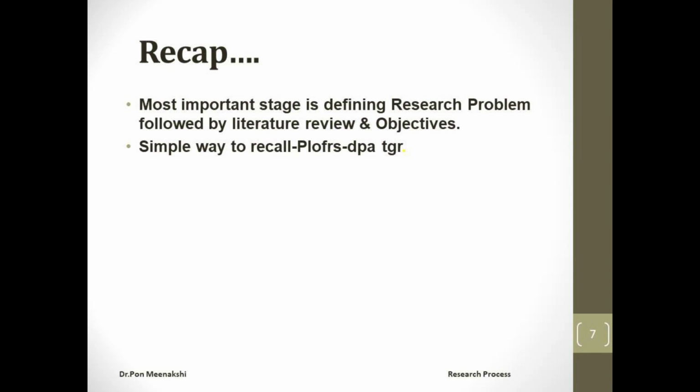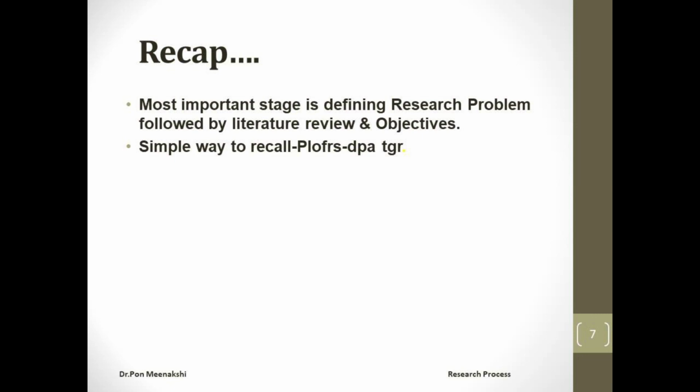Do something different that no one has done. Find out where the problem actually arises, take the problem and try to solve it, follow some literature reviews, and set the objective properly.